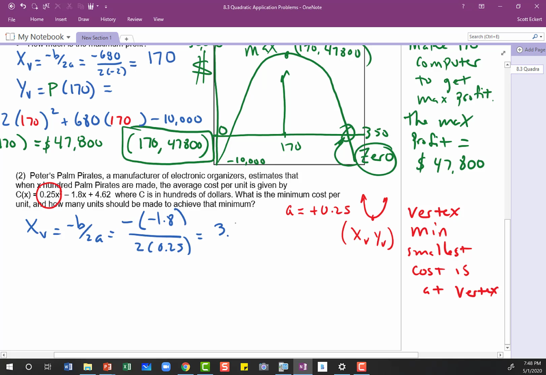Okay, that comes out to 3.6. Now, the y part of the vertex, that's going to come from plugging into the cost, the 3.6 number. So we have our cost function, and we're going to plug in the 3.6. And then we're going to have to rely a lot on the calculator to do this calculation here.